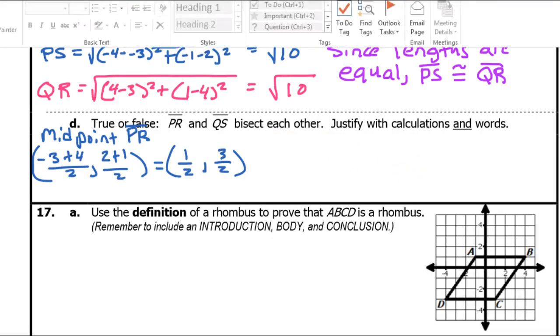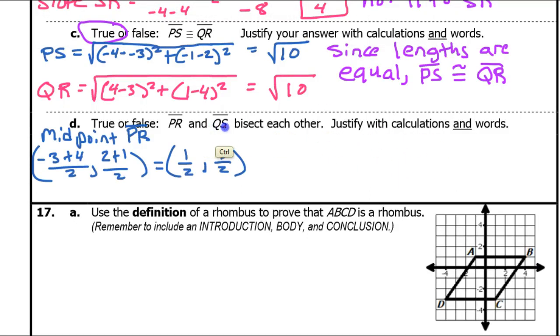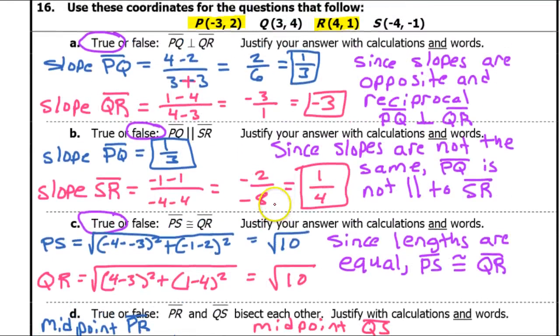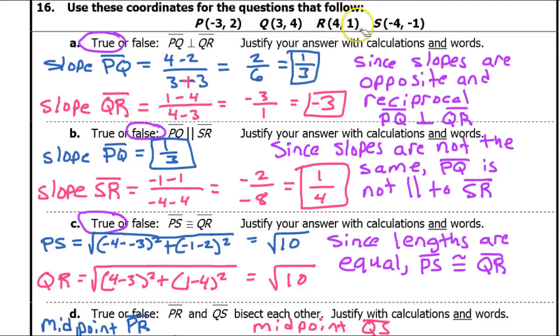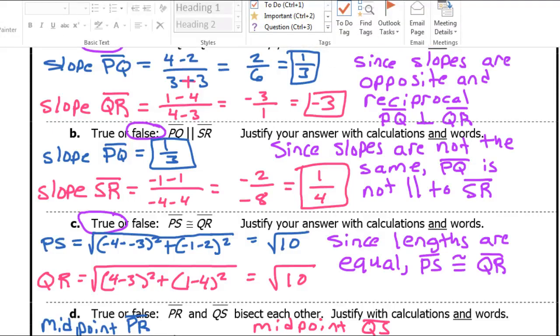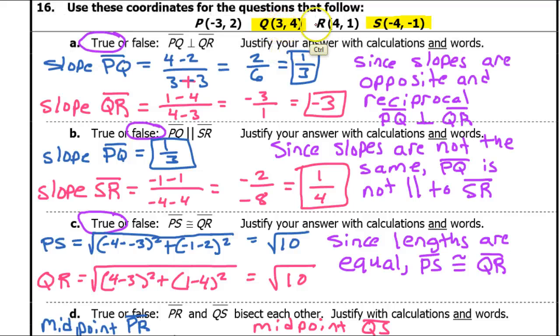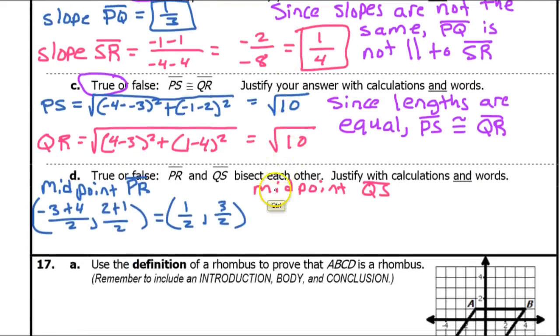Now I need to do the same thing with segment QS. Let me change my highlighting. Here's Q and here's S. First we have the average of the x's, so 3 plus negative 4.